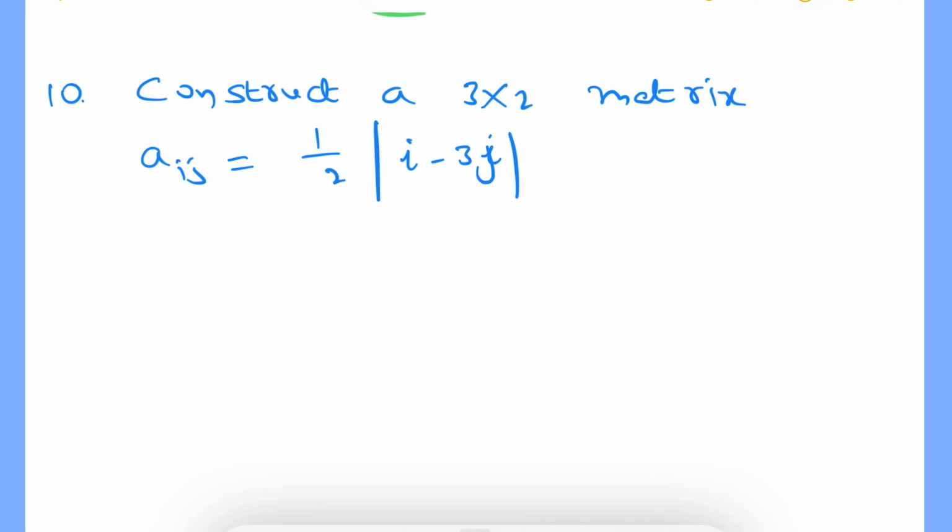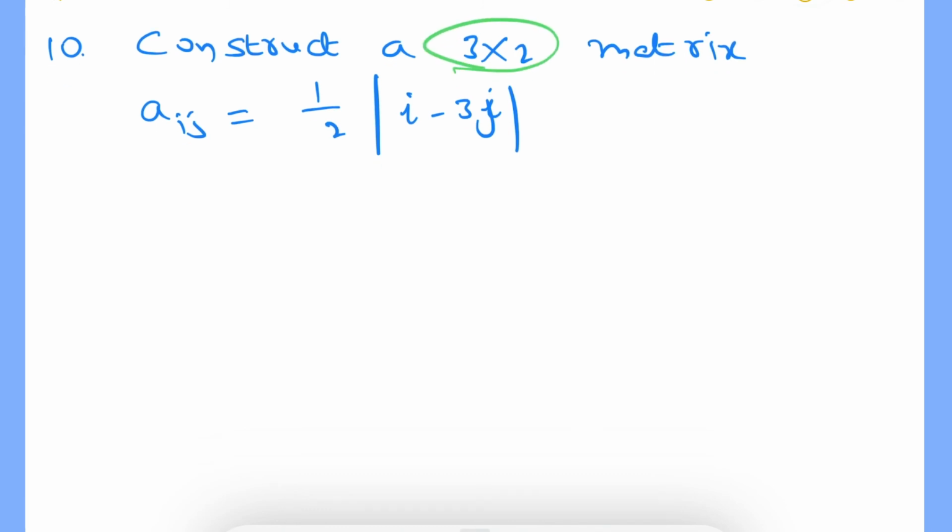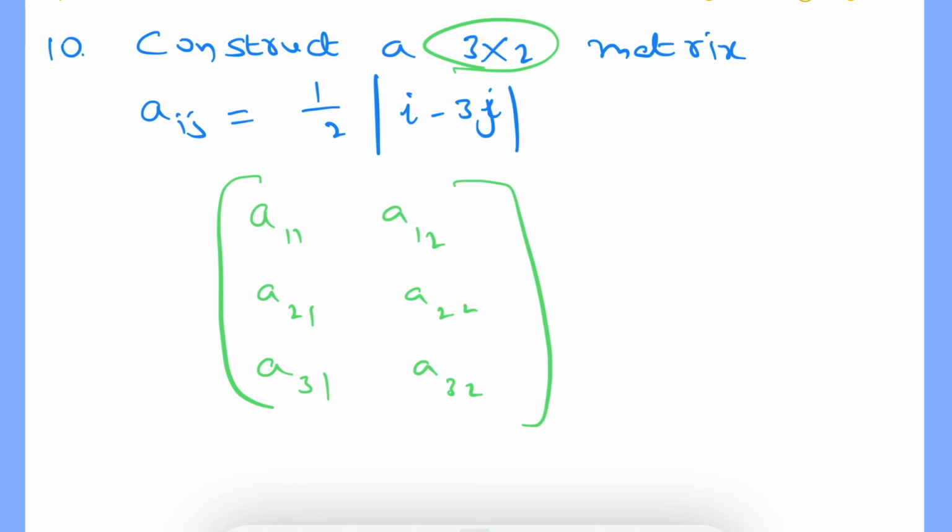Okay, now he clearly mentioned that it should be a 3 by 2 matrix. So 3 rows, 2 columns. So it will become A11, A12, A21, A22, A31, A32. This is in general a 3 by 2 matrix.